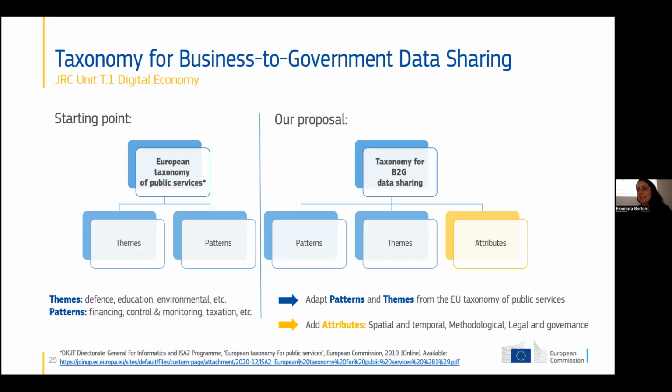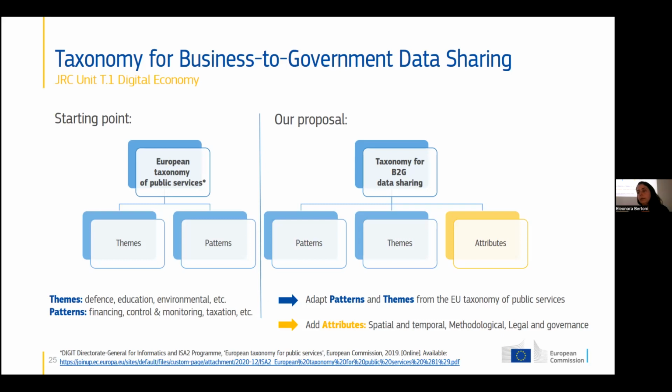But this is the third piece of work, and as I mentioned, it's an expansion of a taxonomy that is already existing, which is the European Taxonomy of Public Services, which tries to identify and characterize all the data sharing initiatives and organize the data sharing initiatives that are out there, and that will have to comply with all the different B2G situations.